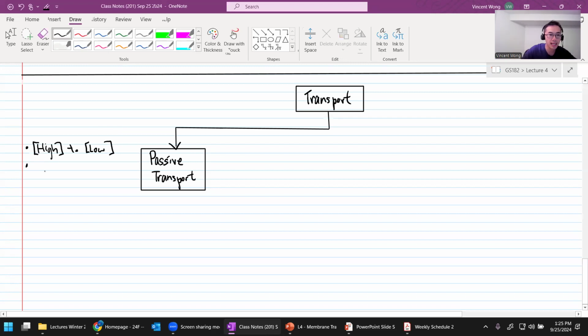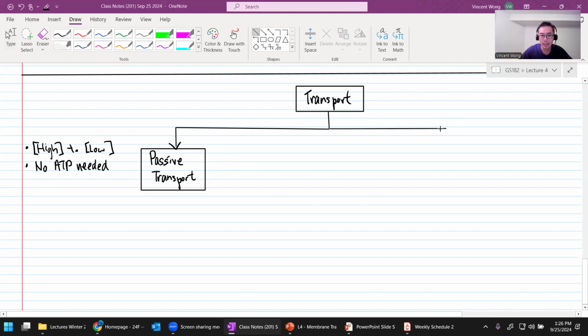It happens spontaneously, so no ATP needed. Just occurs on its own. You don't have to supply energy for it. It's like a ball rolling down the hill. Just happens on its own. That's right, osmosis too.